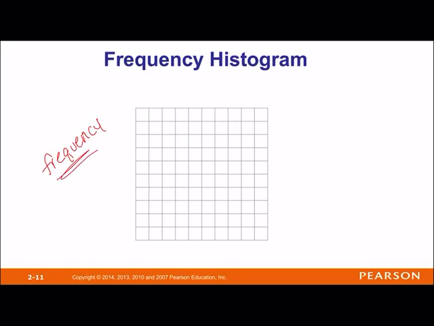Okay, so your highest frequency was a total of 22. So I have to go up to 22. You can go a little higher than 22. So I think if I do 5, 10, 15, 20, 25, that's what I would do.